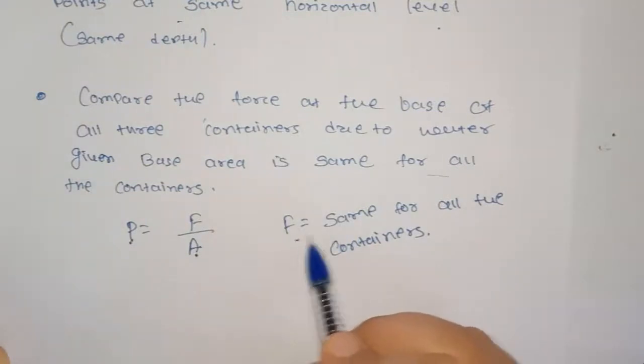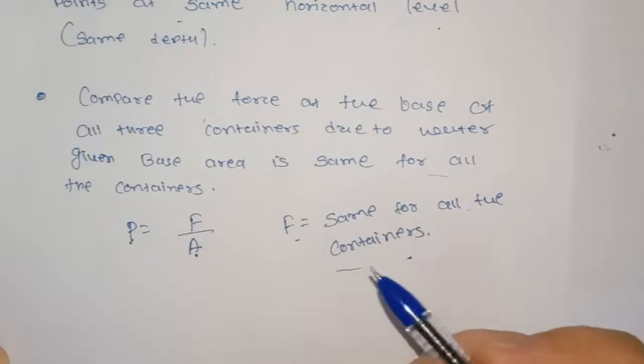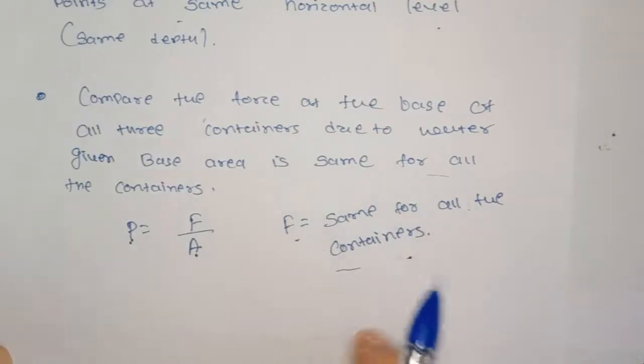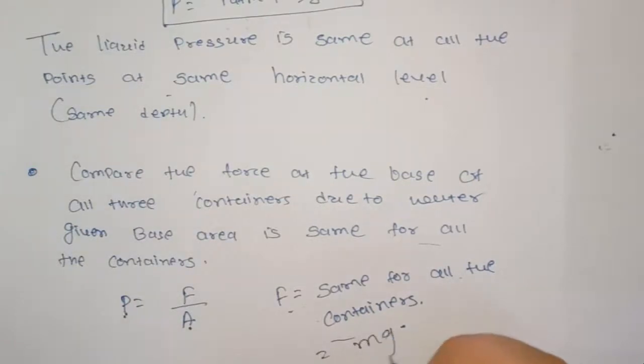That means the force acting at the base is the same. The force acting at the base will be simply the gravitational force, that is equal to mg of the liquid.